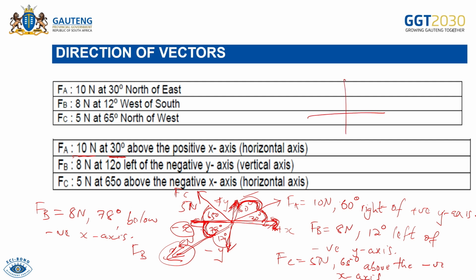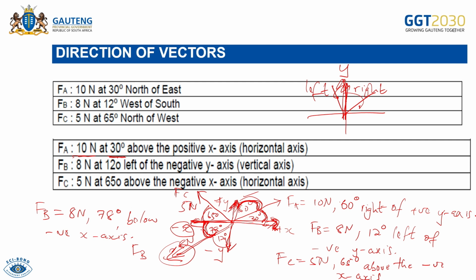Another thing which is important here, if this is your y-axis, this is going to be right of this line, and then left of this line, which is your vertical axis. So if the angle is this side, that is left. If the angle is this side, that is going to be right. Okay, that is very, very important.